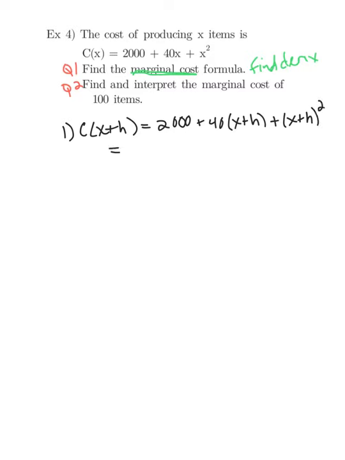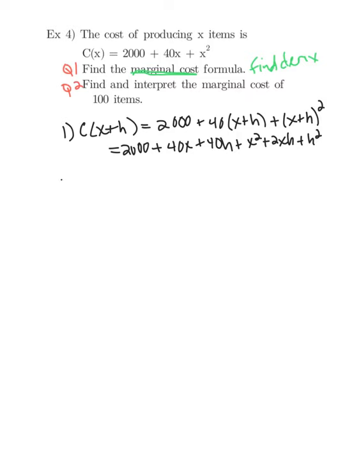So doing that multiplying, we will get 2,000 plus 40x plus 40h plus x squared plus 2xh plus h squared. Take a look at those items, and none of them are like terms, so this whole big long thing is our answer for step 1.